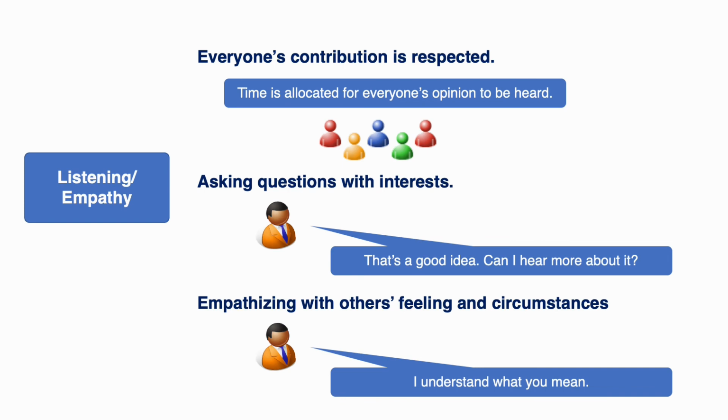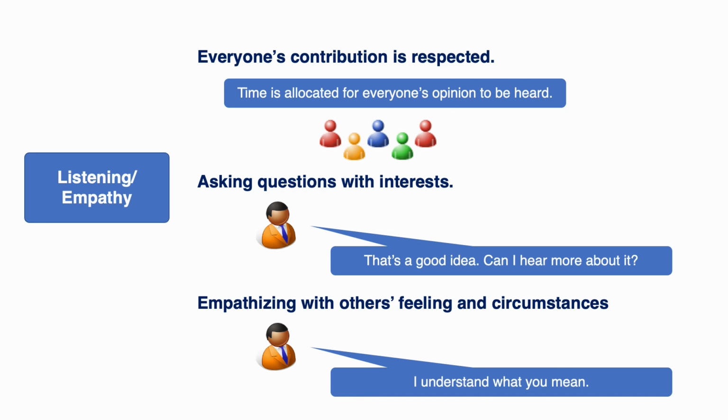For more active listening, you should ask questions with your interest. For example, you can say, that's a good idea. Can you explain a bit more? So the person who is asked feels this interest. His interest is also interesting for others and wants to talk more.